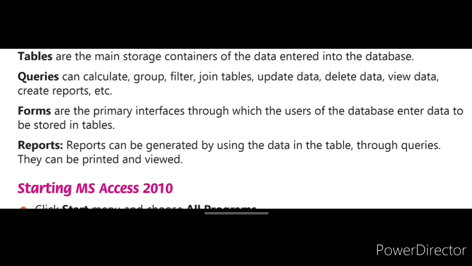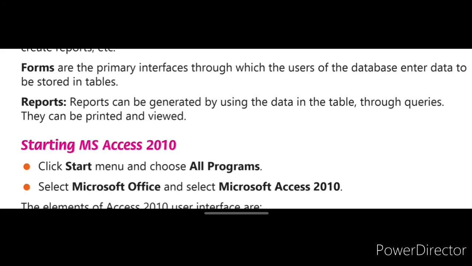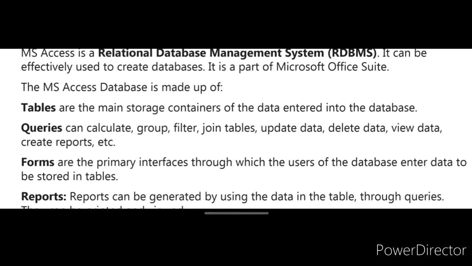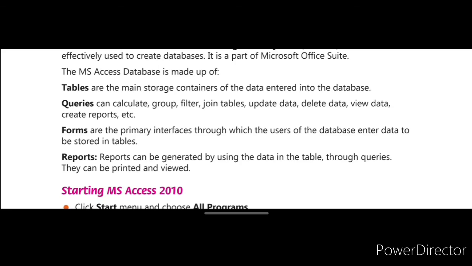Forms are the primary interfaces through which we enter data into the database. Next, reports. Reports can be generated by using the data in the table through queries. We can print the report and we can view the report. These are the 4 basic things regarding MS Access.